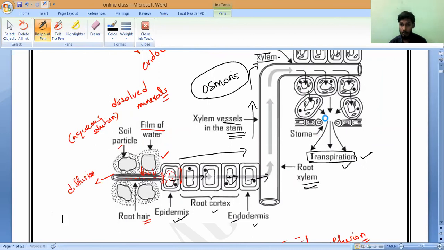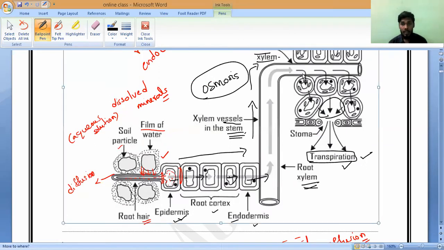So here lower pressure has been created, so the water present in the xylem vessels has been supplied to the cells of the plant leaves by the process of osmosis continuously, because here low pressure, here high pressure, so that water has been supplied.